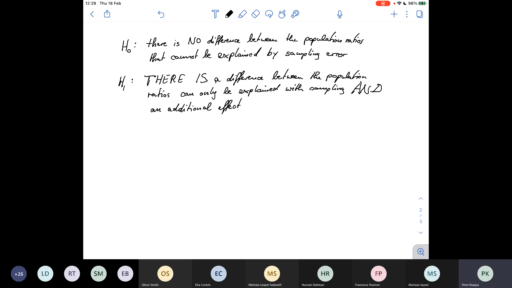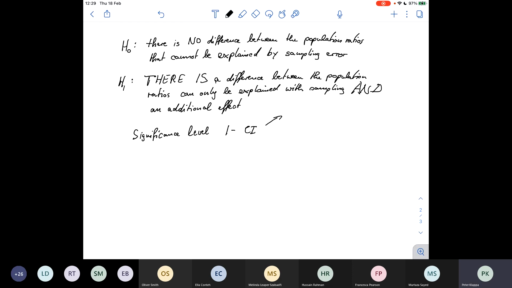What we do is we set a significance level at which point we believe that there is a difference. Usually we would set this as 1 minus confidence.